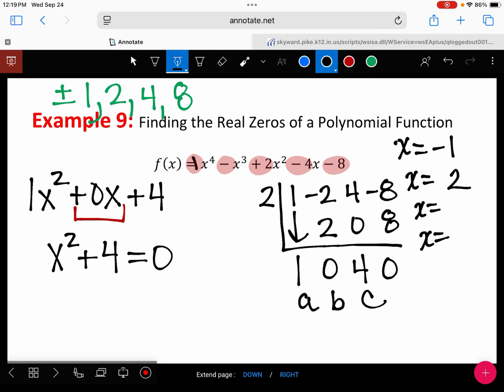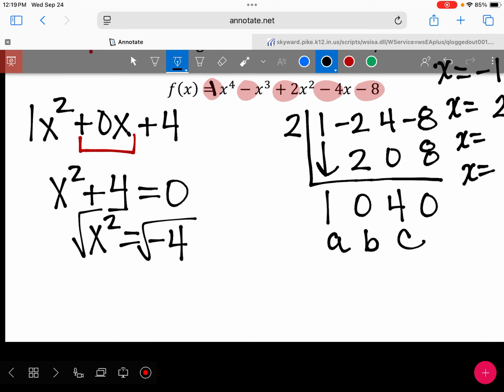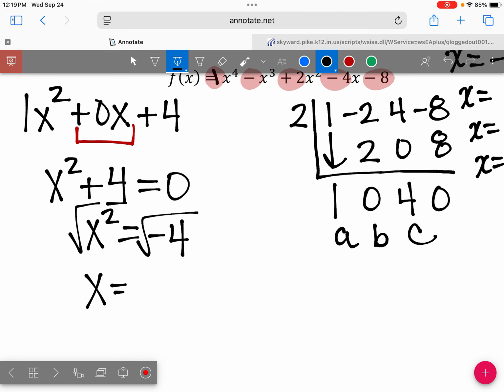What are my 2 steps? Subtract the 4. So we have x squared equals negative 4. Then what do we do? Square root it. So when you square root a negative, you have to separate the negative from the number.